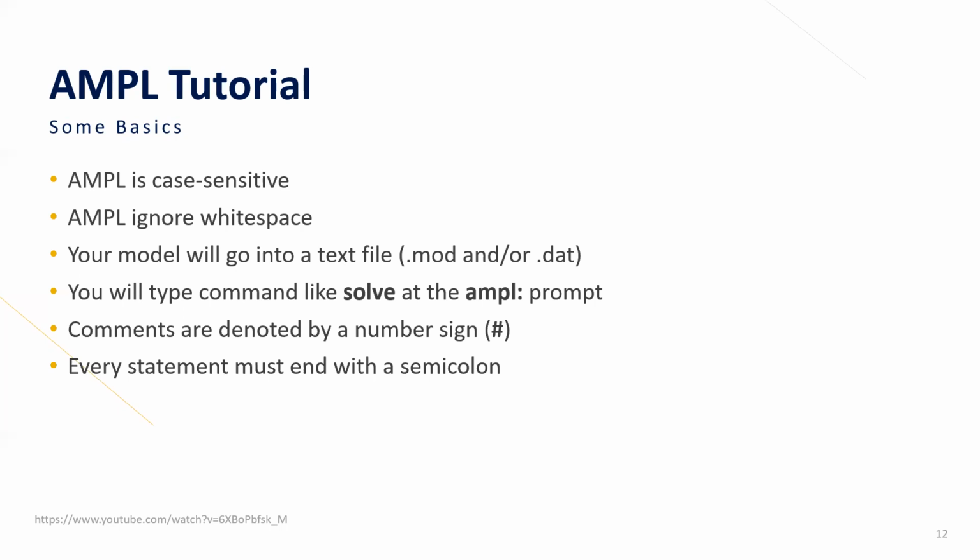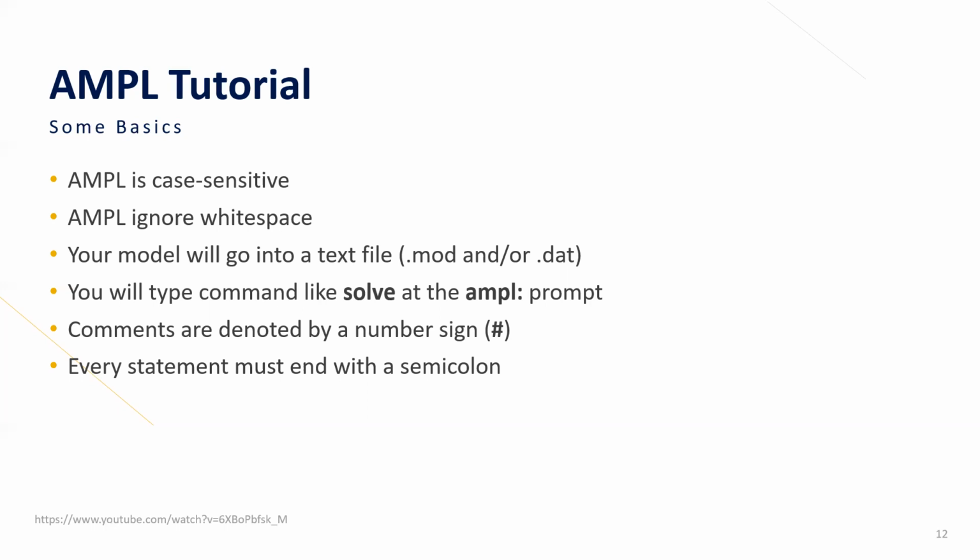It means that when you have the same letter, but one is capital and one is not, it's considered as a different variable in AMPL. So you need to be careful about that.